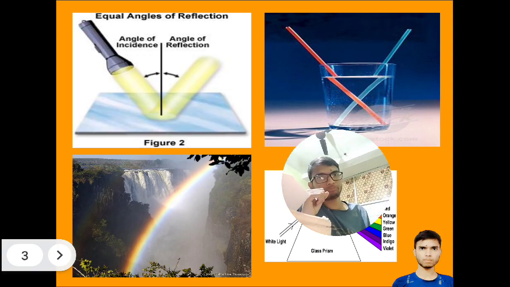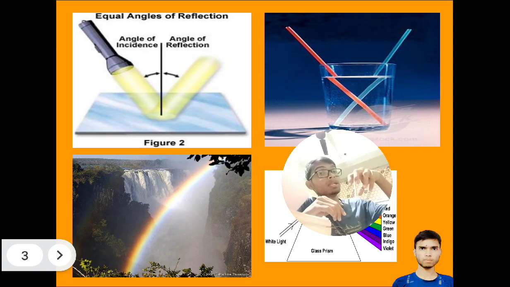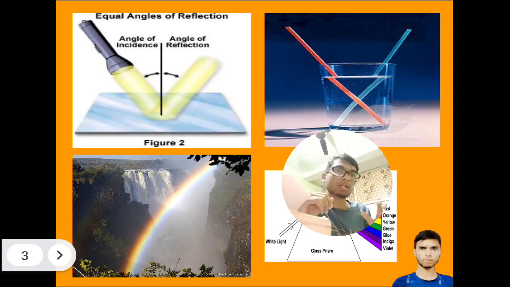Now the second law of reflection of light. We understood the reflected ray, the incidence ray, and the normal line. All these should be lying on a plane, on a surface.